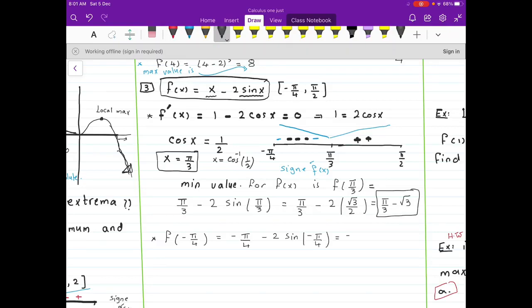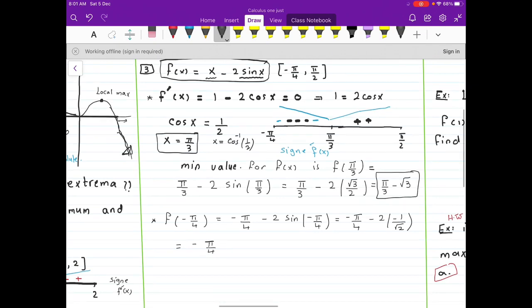So this equals −π/4 plus 2/√2, which is equivalent to −π/4 plus √2.